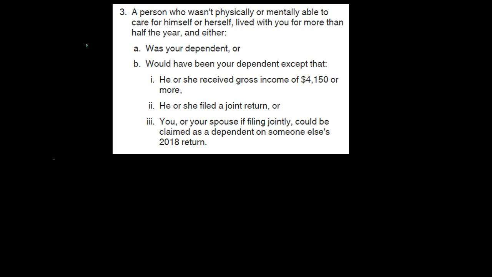You can see the case is in the same general area, a person who wasn't physically or mentally able to care for himself or herself. Number two, of course, was similar. However, that was the spouse, husband or wife. Here we're saying someone who is not the husband or wife still has the inability to care for themselves and lived with you for more than half of the year.